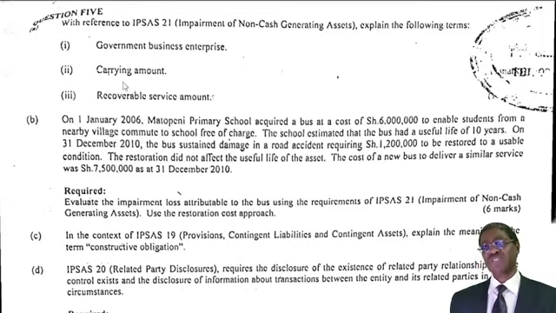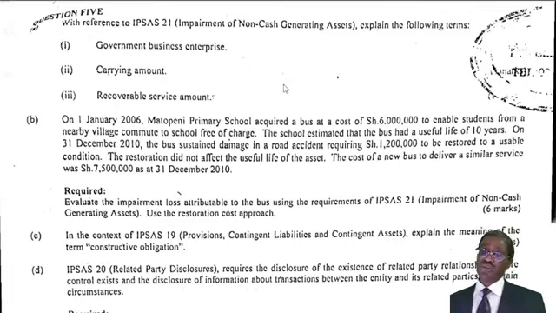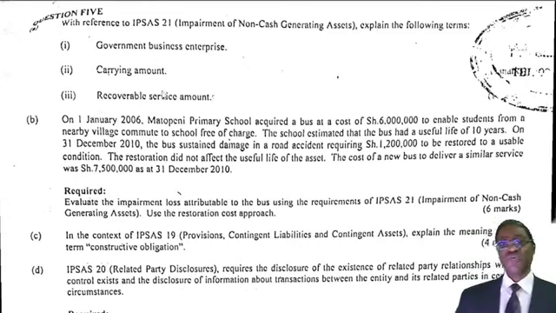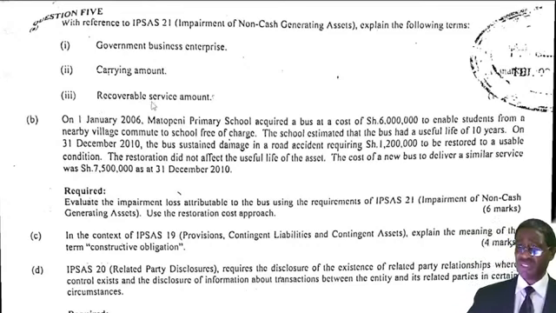What's carrying amount? We have said carrying amount is the amount at which an asset appears in the books. That one you all know. Number 3, what is recoverable service amount?